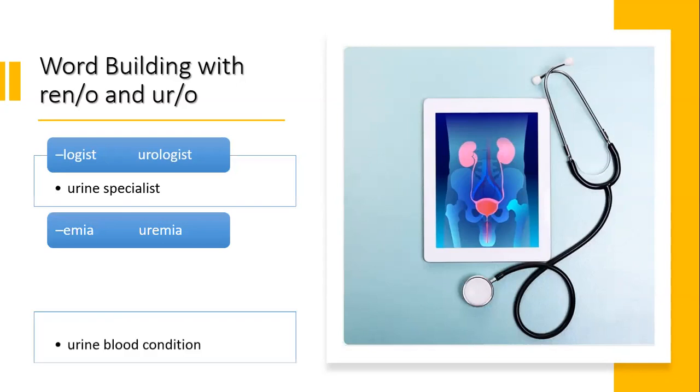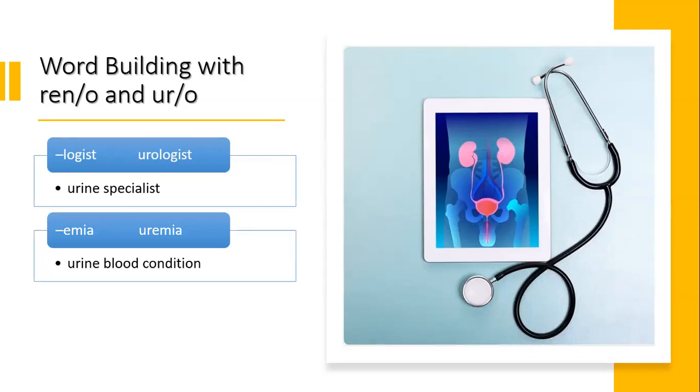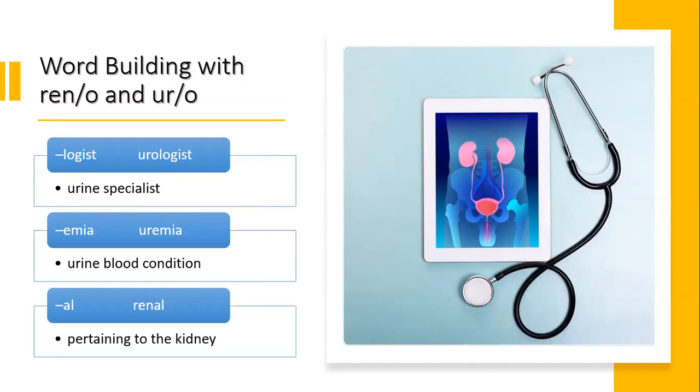Uremia, urinary blood condition, it's called uremia. Renal, pertaining to the kidney, it's also like kidney.